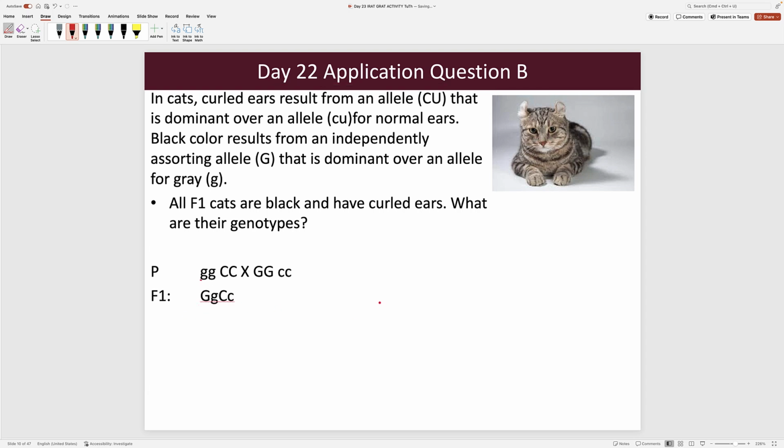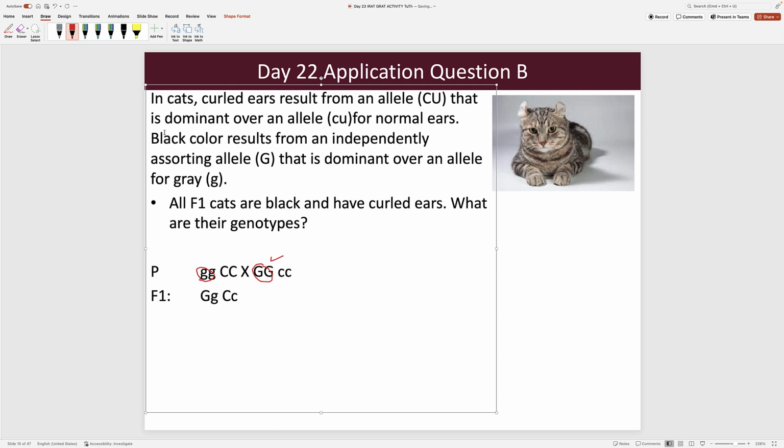So let's work out over here why we know that they have to be heterozygous for both of these alleles. We're going to just do two simple monohybrid crosses, little g, little g times big G, big G. And we know this parent is only going to be able to give little g, and this parent here is only going to be able to give big G. So we know all of the progeny have to be big G, little g, because that's the only thing the two parents can give them.